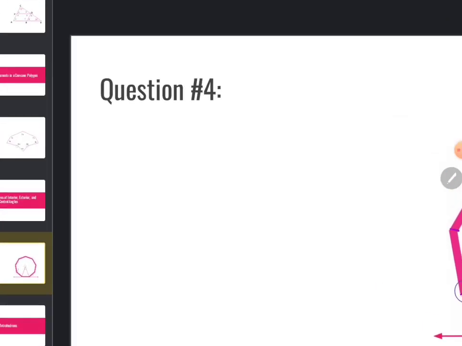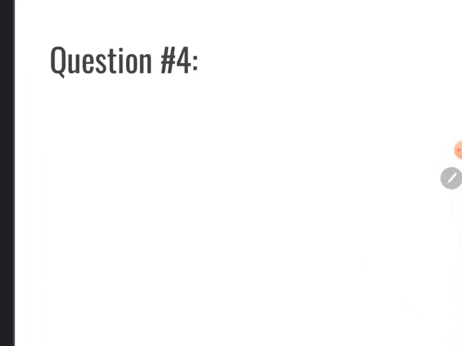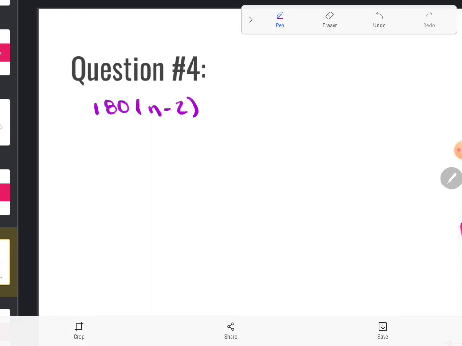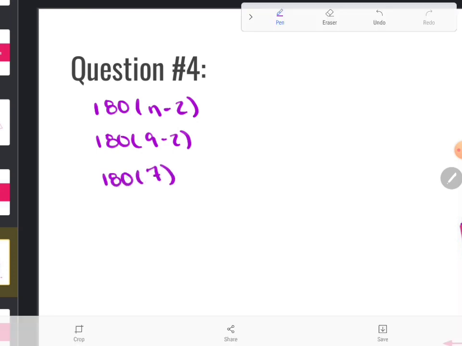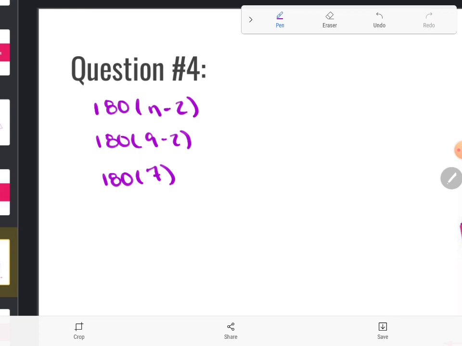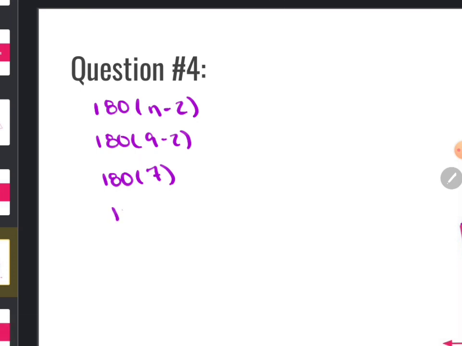We're going to incorporate the same equation into our question, which was 180 times n minus 2. Well, we know that our n is 9, so we're going to do 180 times 9 minus 2, or 180 times 7, which should give us 1,260.